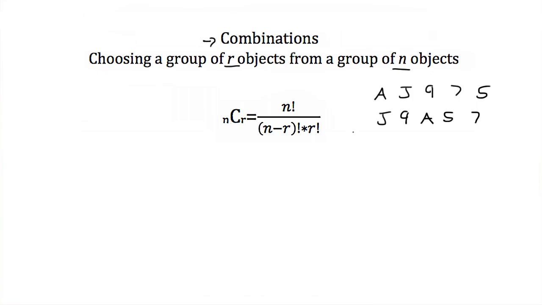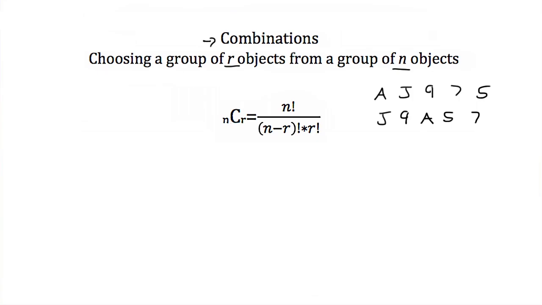To me, the order in which the cards are given to me does not affect the value of the hand that I've been dealt. That's because these two hands are considered the same combination. So combinations, if you've studied permutations, are just like permutations, except the order doesn't matter.